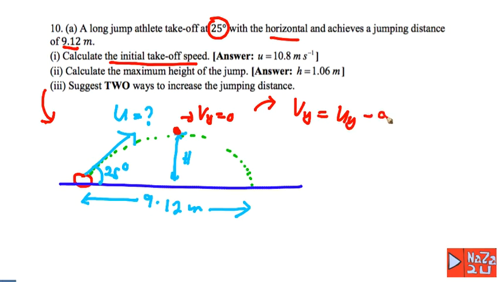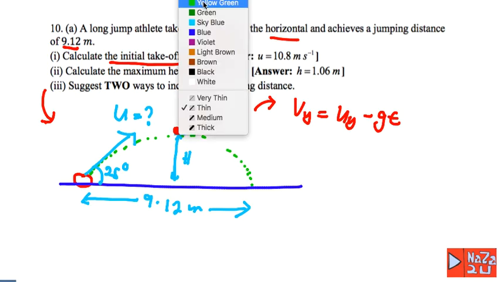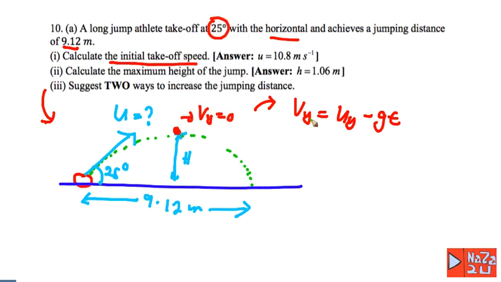uy minus gt. We use this equation because we want to find the time taken for the object to go from the ground surface to the maximum height. The final velocity here is equal to 0.